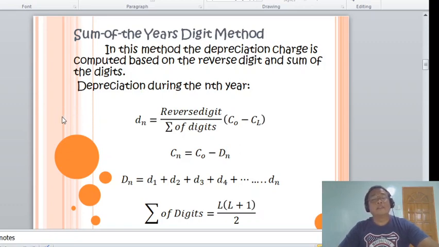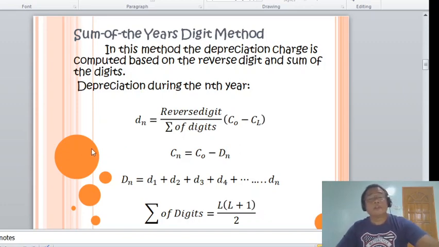Or the book value can be computed like this. Okay. So the book value during the end year is equals to the original cost minus the depreciation during the end year, or the sum of the depreciation rather. Where this DN is equals to, of course, the summation of the depreciation during the first year, second year, third, fourth, and so on and so forth up to the last depreciation.